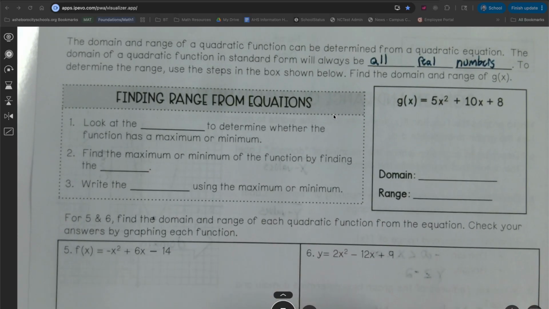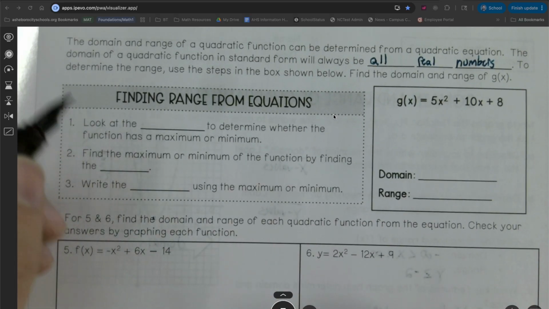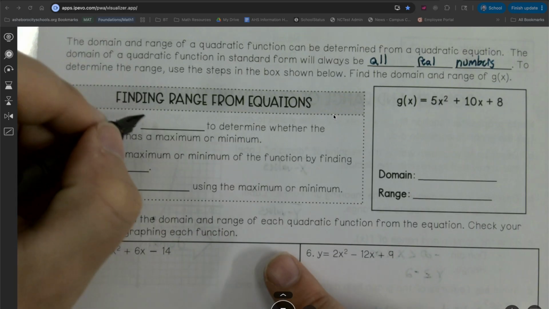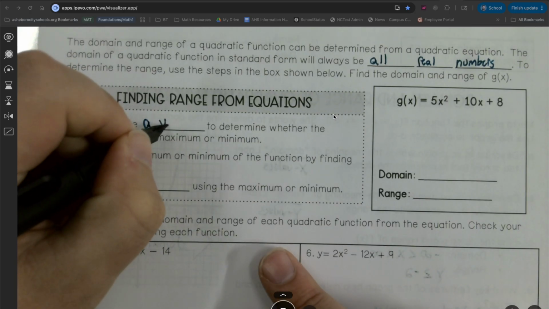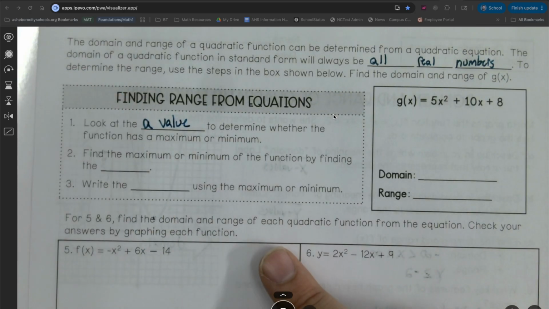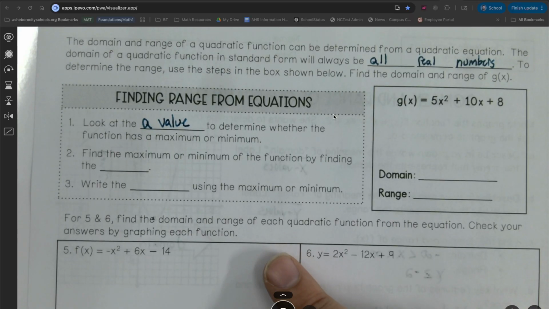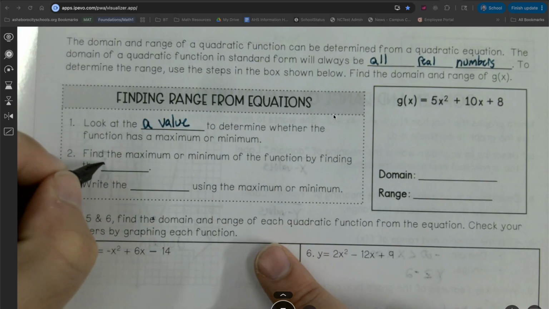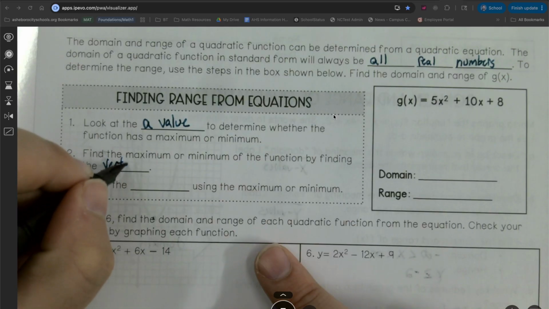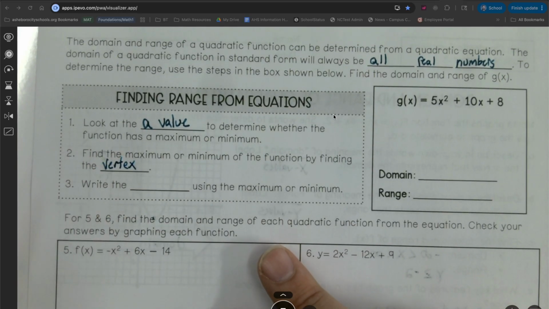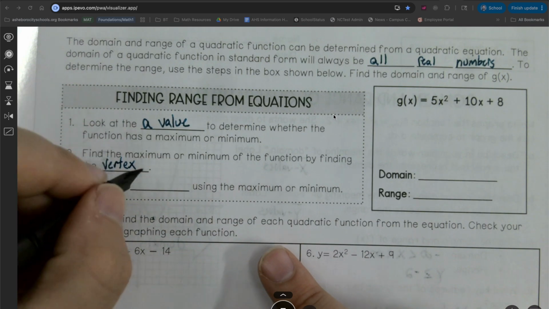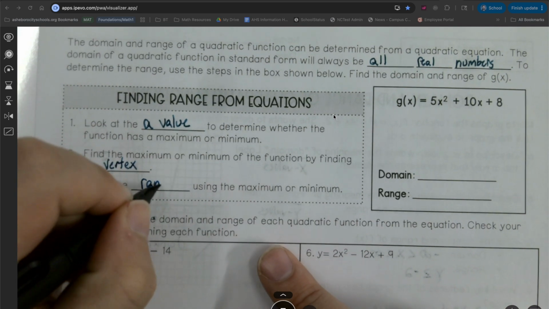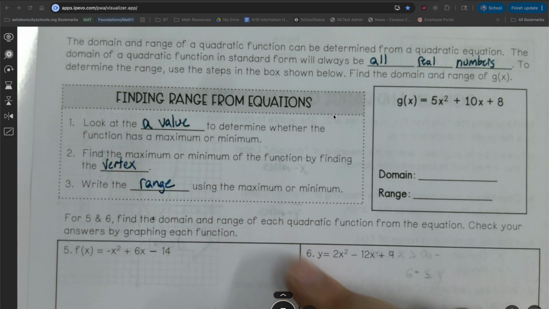First we have to look at the a value to determine whether it has a maximum or minimum. Find the maximum or minimum by finding the vertex, and then write the range using the maximum or minimum.